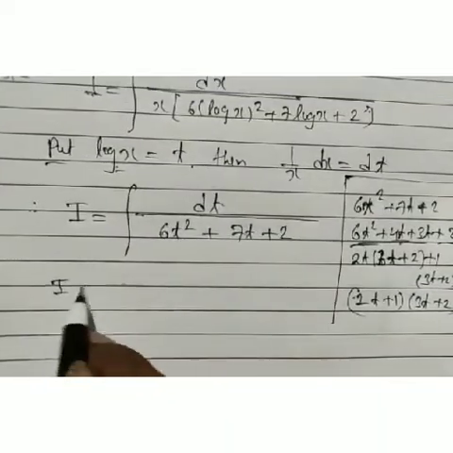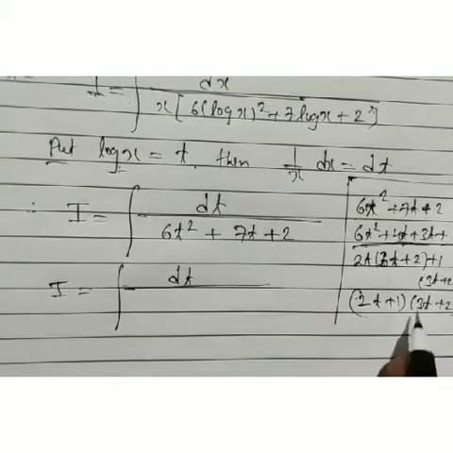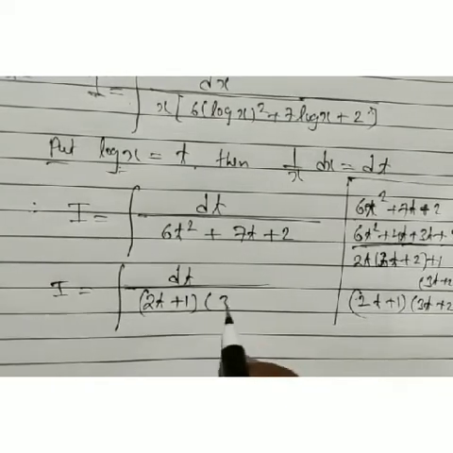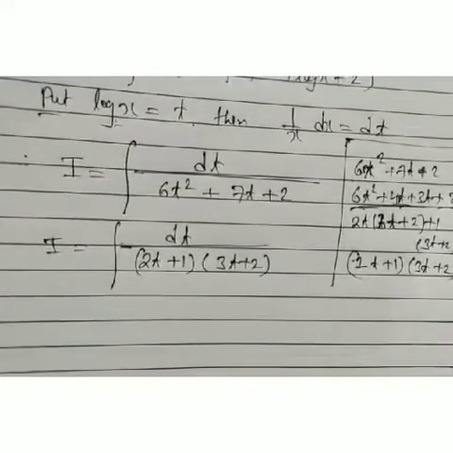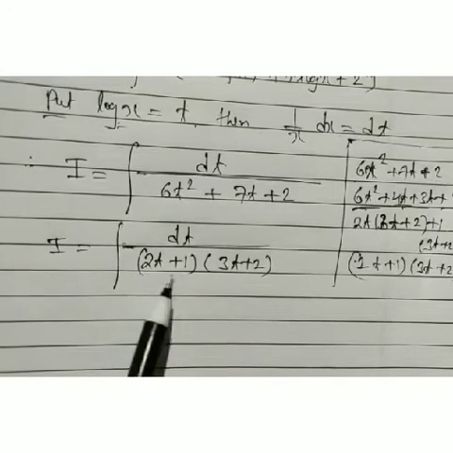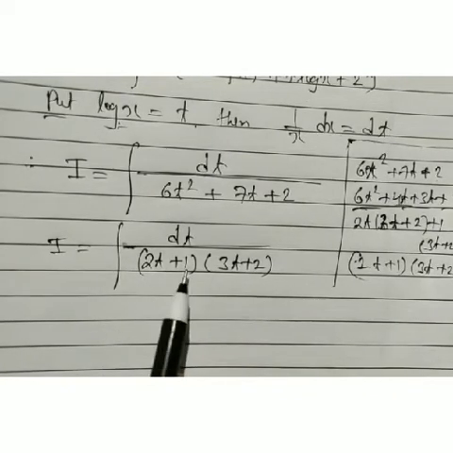Now we are going to use our factors. Our integration is transformed to dt upon (2t plus 1)(3t plus 2). Now we get our integration in the form of type 1, having non-repeated roots.